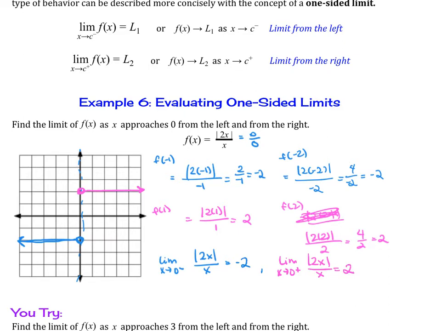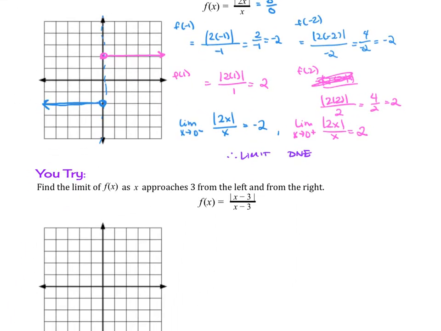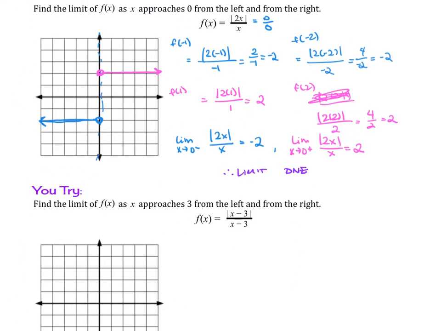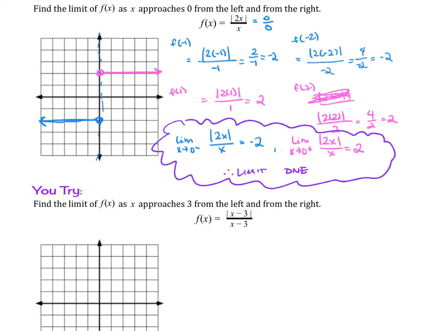Notice they're not the same number. If they're not the same number, then the limit does not exist. I'll just put DNE for does not exist. I think in the book, it's going to look for all of this information: what is the limit as it approaches from the left, what is the limit as it approaches from the right, and then the limit does not exist.